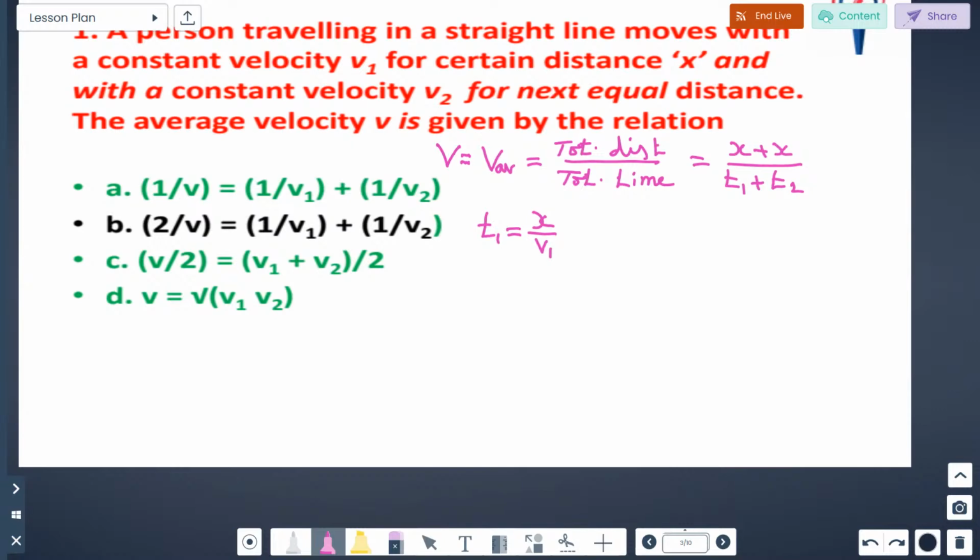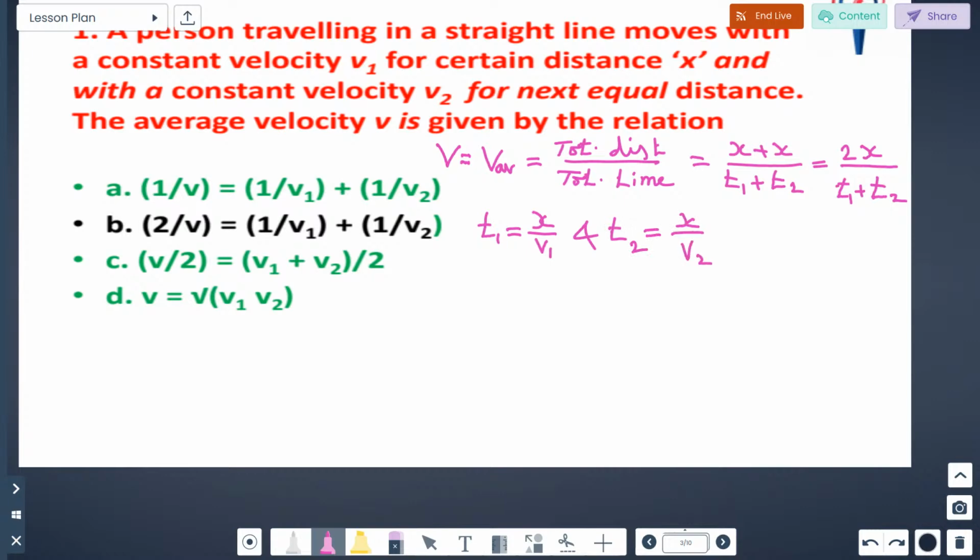Total distance is x plus x by t1 plus t2. X plus x is 2x divided by t1 plus t2. And t1 equal to x by v1 and t2 equal to x by v2.